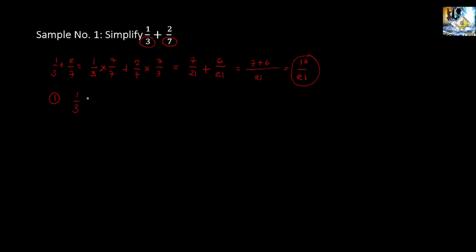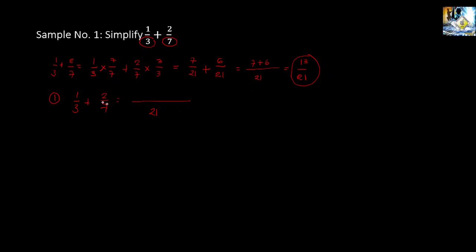So for 1/3 plus 2 over 7, LCM first. So 3 times 7, that is 21. Second step, for the fraction 1/3, 3 into 21 goes 7 times, the numerator.